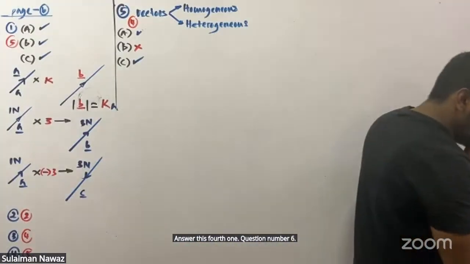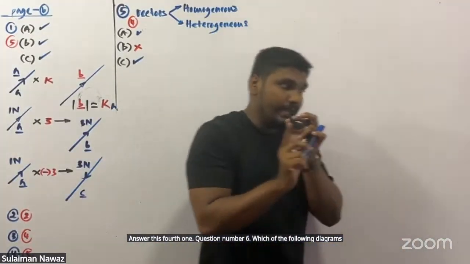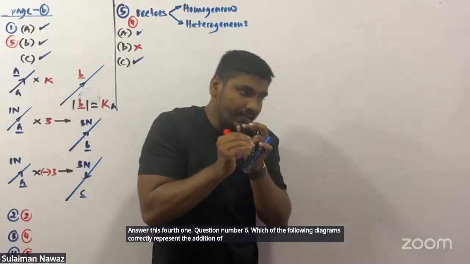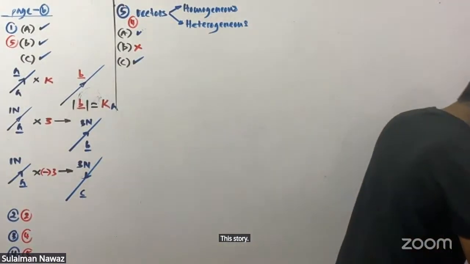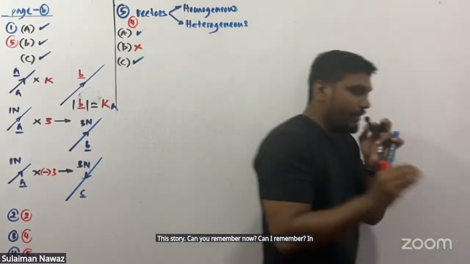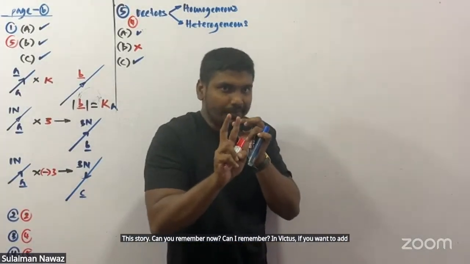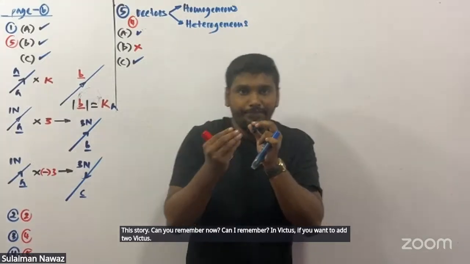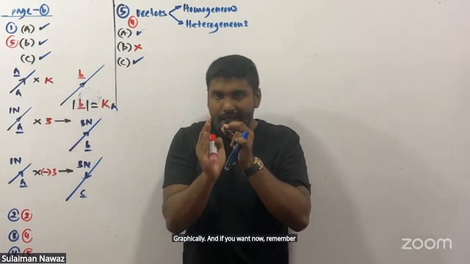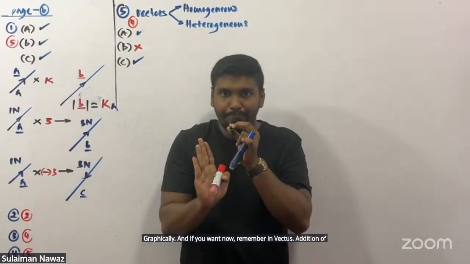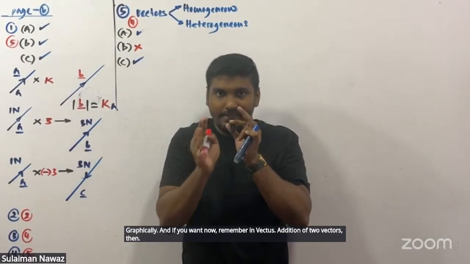Question number 6. Which of the following diagrams correctly represent the addition of two vectors, 8 Newton and 6 Newton? Can you remember now? In vectors, if you want to add two vectors graphically, remember that addition of two vectors and resultant of two vectors give the same idea.